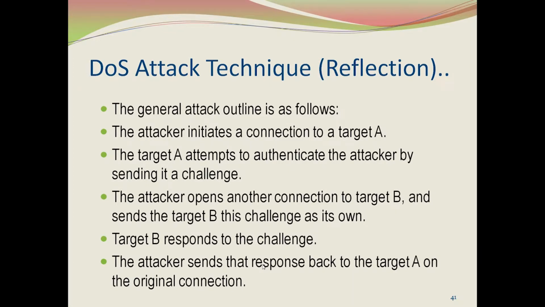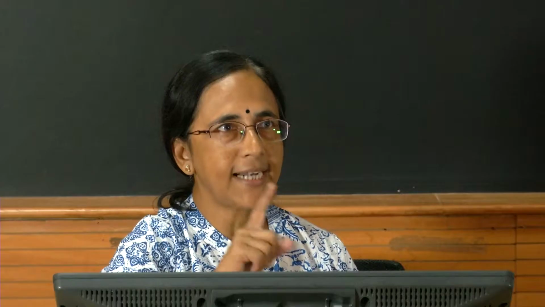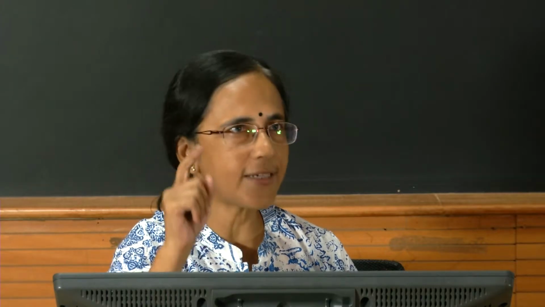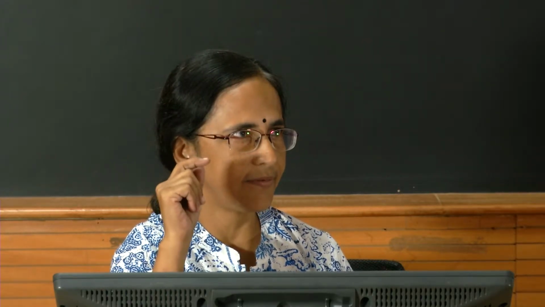The attacker initiates a connection to some target A. Now, obviously, the target A will attempt to authenticate. So, it throws a challenge, but the attacker does not know the answer to the challenge, is it not? But the attacker has posed as somebody to A, that I am B talking with you.